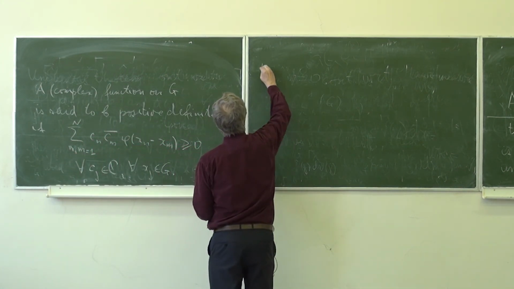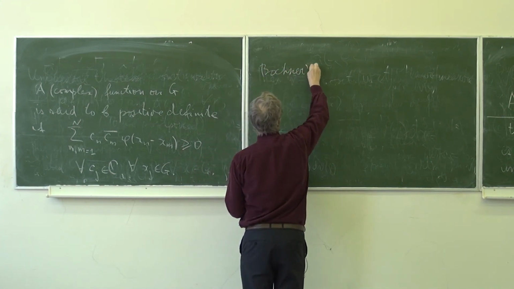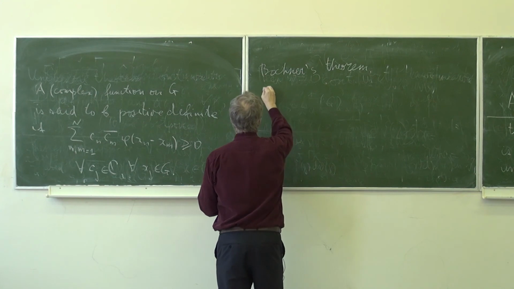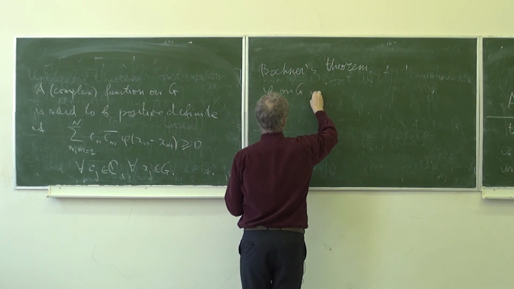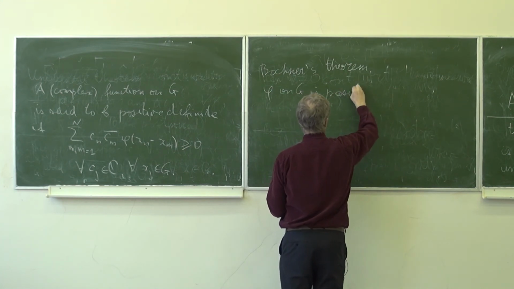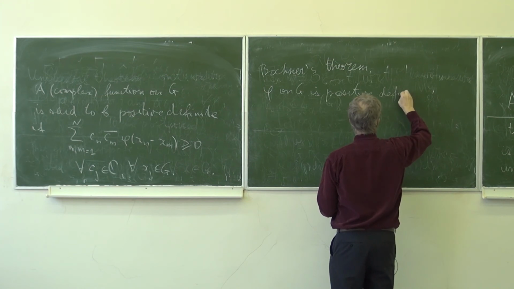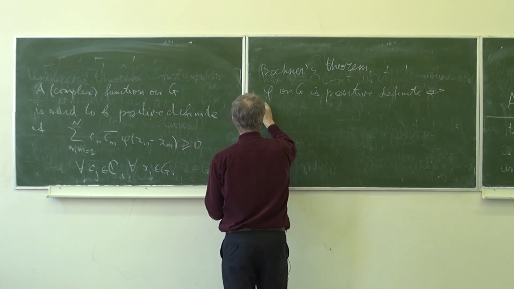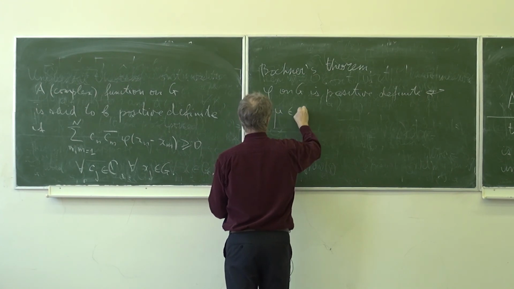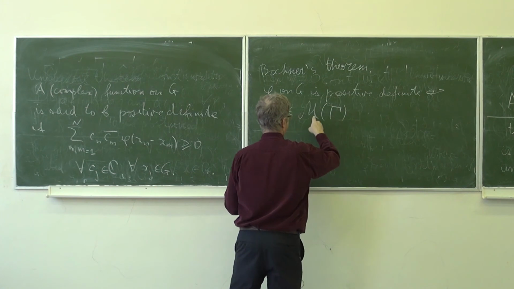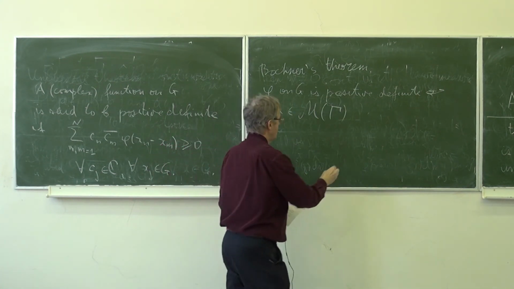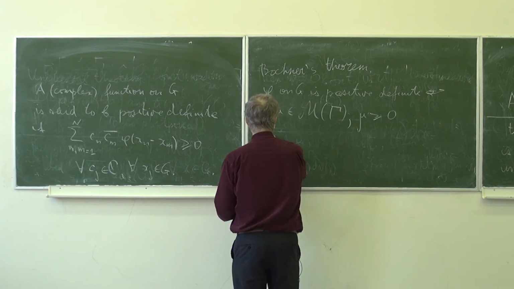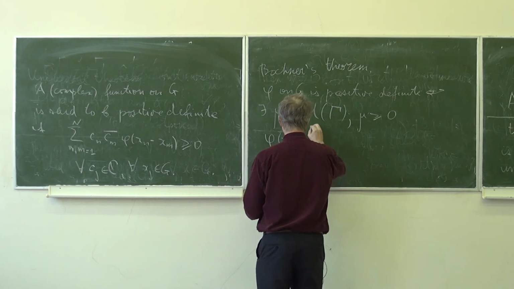So Bochner's theorem: a function phi on G is positive definite if and only if there exists a measure in M of gamma, these are regular Borel measures on the dual group, that is non-negative, and phi is represented in the following form.